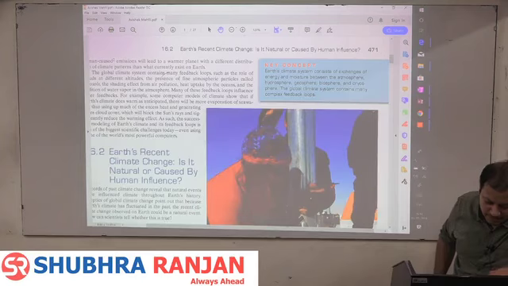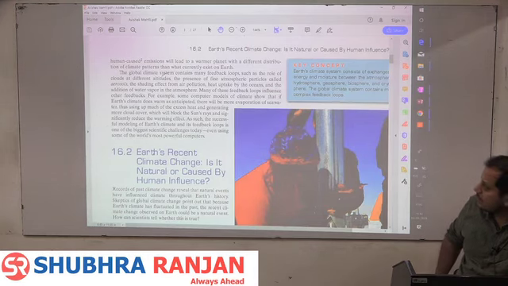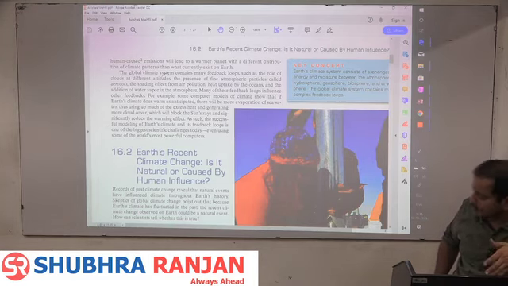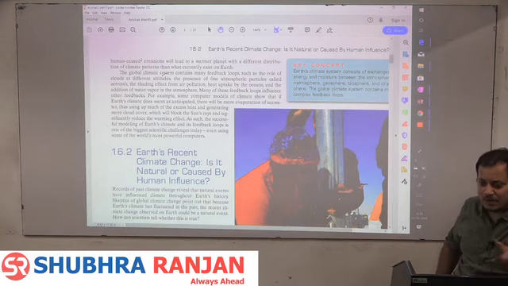Just read this line. The global climate system contains many feedback loops, such as the role of clouds at different altitudes, the presence of fine atmospheric particles called aerosols, the shading effect of air pollution, heat uptake by the oceans and the addition of water vapor, moisture, etc. What I want you to focus on is the language.